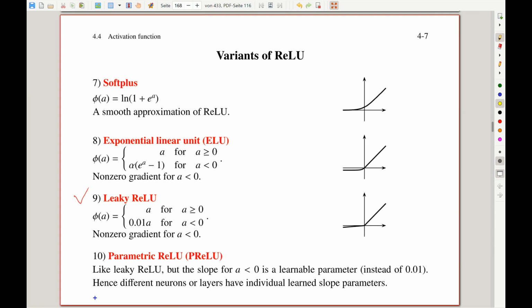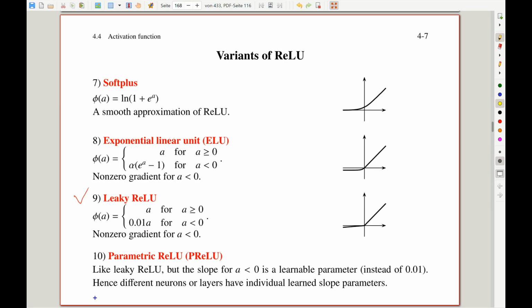And some people even use the so-called parametric ReLU. In this case, the slope parameter 0.01 is no longer constant for all neurons in the layer and for all layers; it is a parameter to be adjusted. So the slope is also a parameter to be learned by backpropagation.